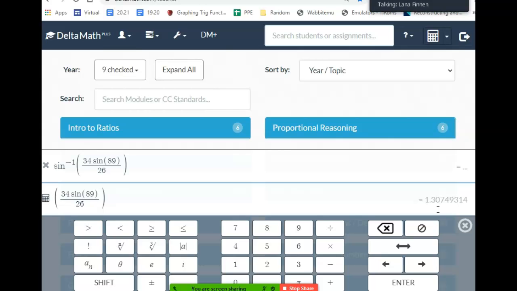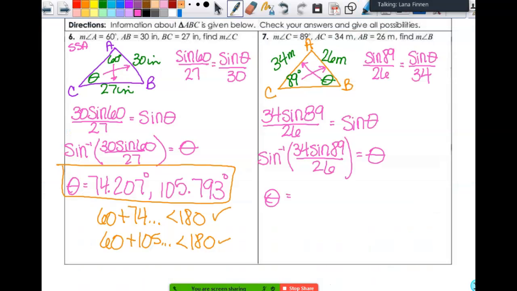Okay. So although I wouldn't expect this on your assignment or whatever, I want you to write on your notes so you remember why it works this way. We're going to write sine inverse of 1.3079, just so you can remember why we're putting no solution when we put that. It's because we're trying to take the sine inverse of something greater than 1.